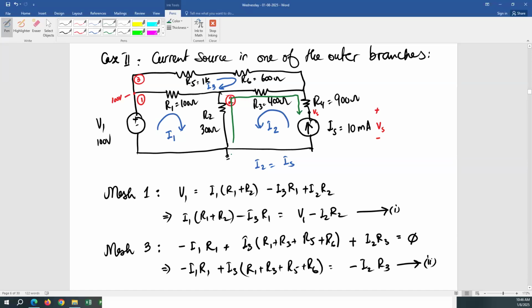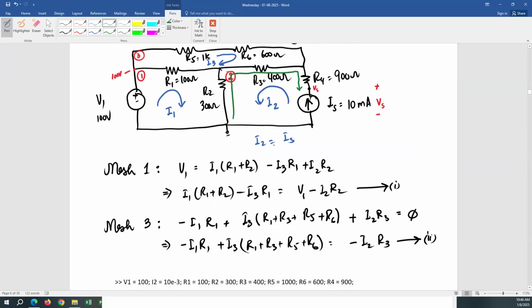So if I take this path starting from ground and I add all the voltages, then that will be the voltage at node Vs, like we did earlier. I showed you how to go from ground. So what will be the equation?